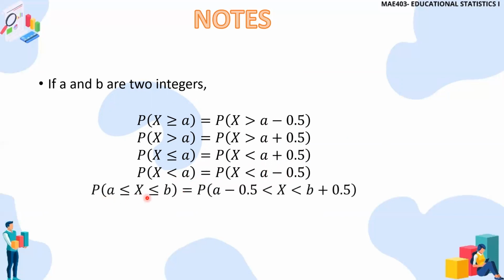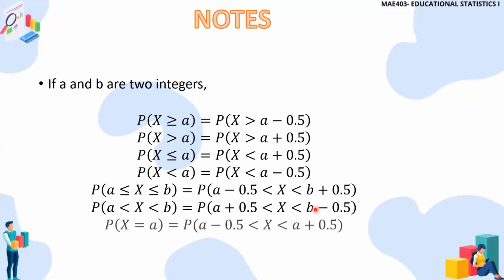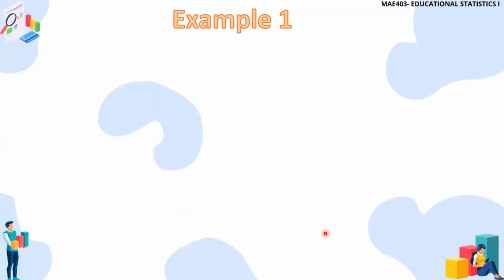If you have the probability of X greater than or equal to a and less than or equal to b, use a minus 0.5 and b plus 0.5. If X is between a and b, use a plus 0.5 and b minus 0.5. If the probability of X equal to a, then use the probability of X from a minus 0.5 to a plus 0.5.